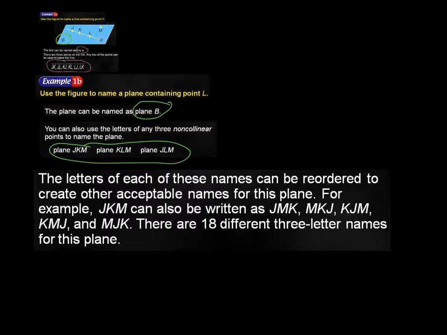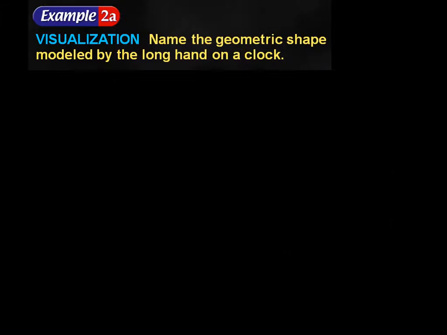The letters of each of these names can be reordered to create other acceptable names for this plane. So JKM could be written as JMK, MKJ, KJM, KMJ, and MJK. There are 18 different 3-letter names for this plane, so there are a total of 19 correct answers. You only need to come up with 1.